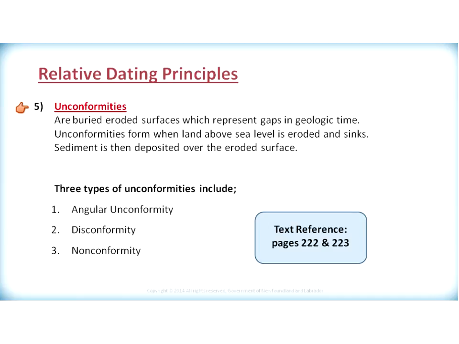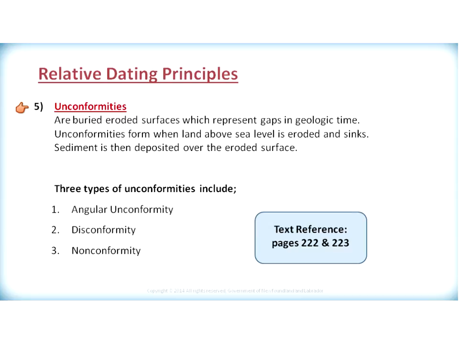The fifth dating principle that is used to arrange geologic events in relative age is unconformities. Unconformities are buried erosional surfaces which represent gaps in geologic time. Unconformities form when land above sea level is eroded and sinks.